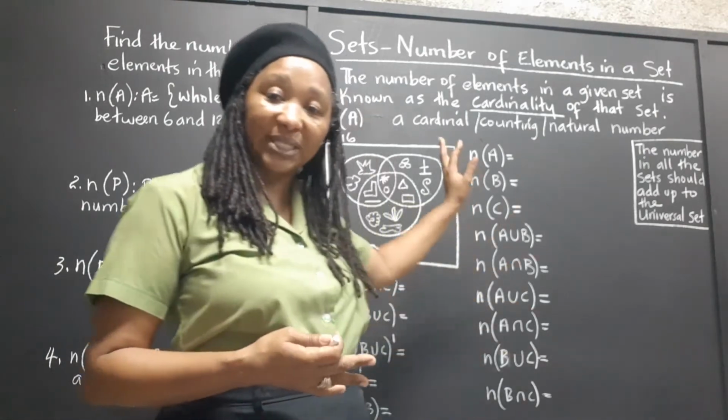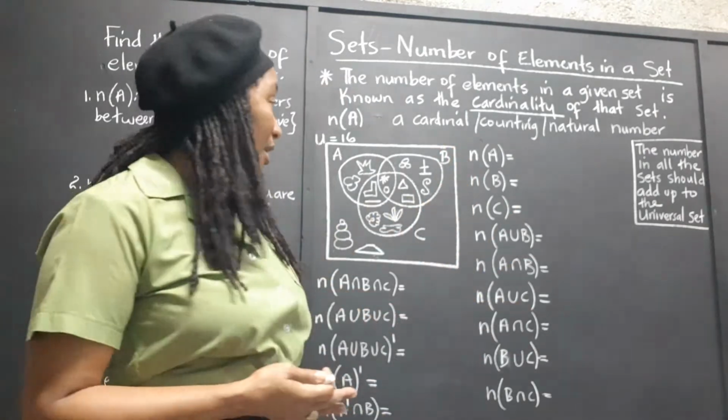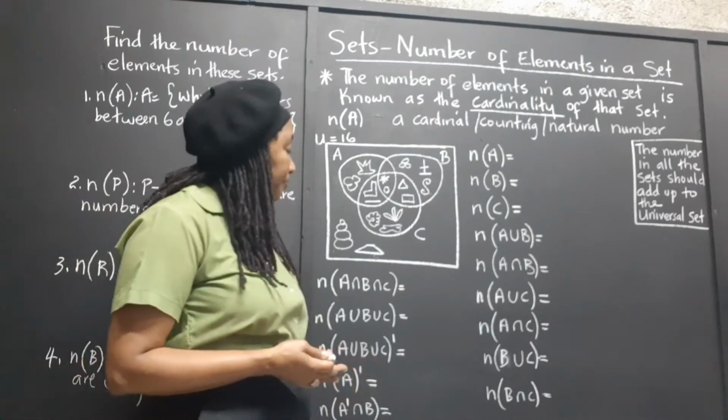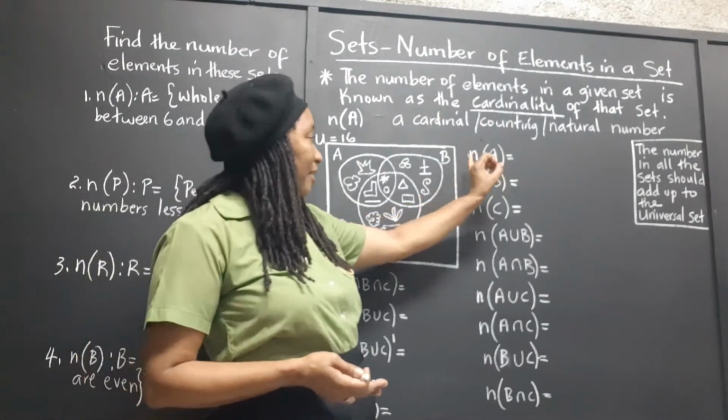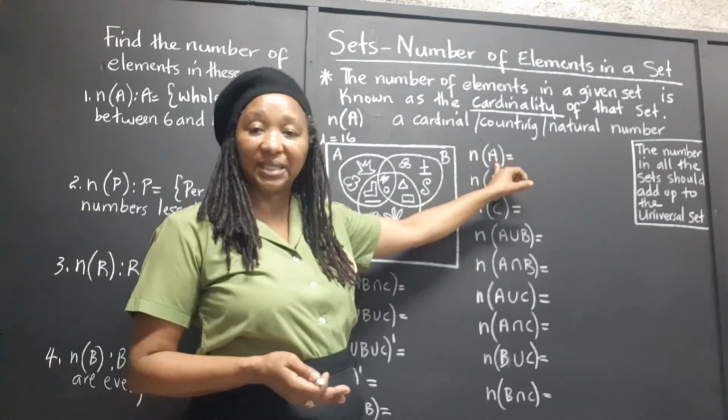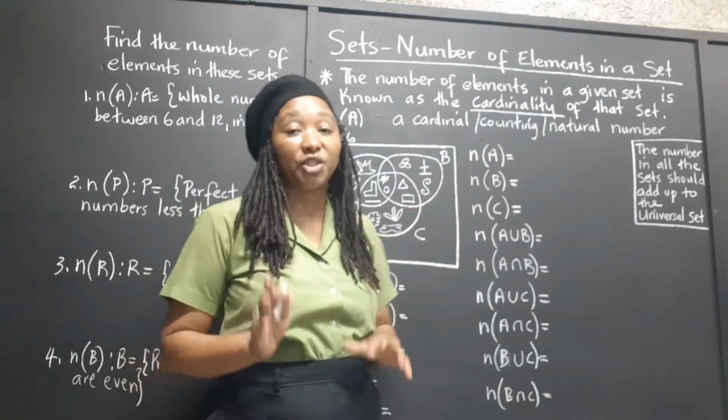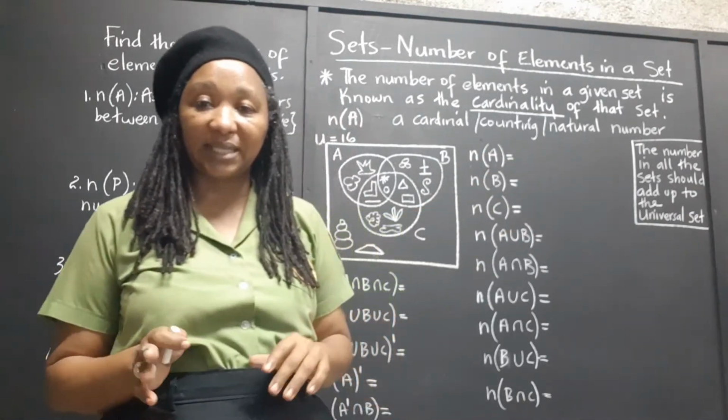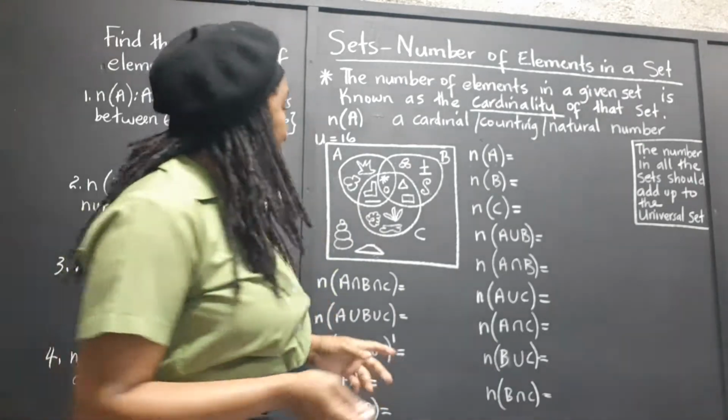But I will tell you here also as we go along. So this means the number of elements in set A. So we're just focusing on set A. How many elements are in set A?